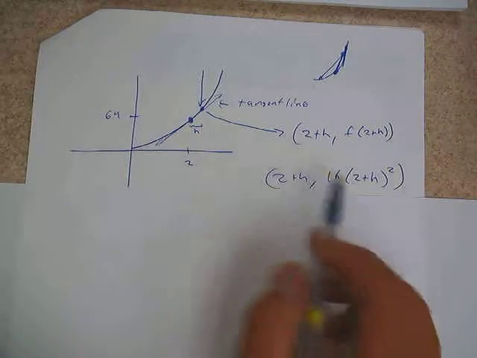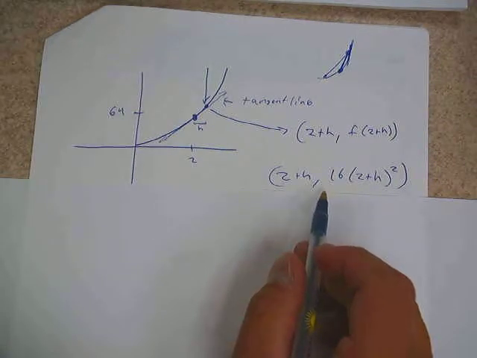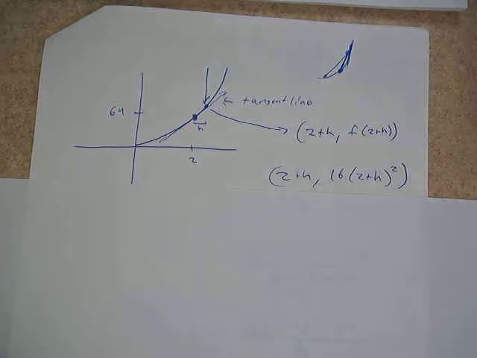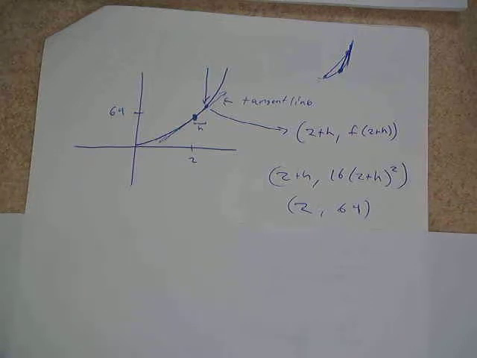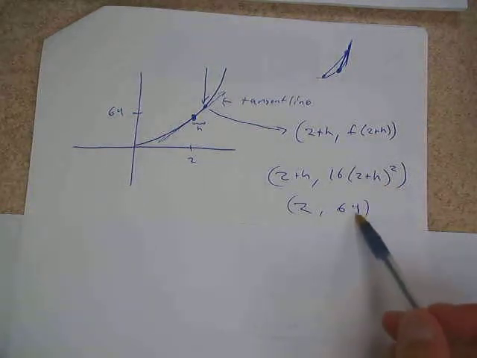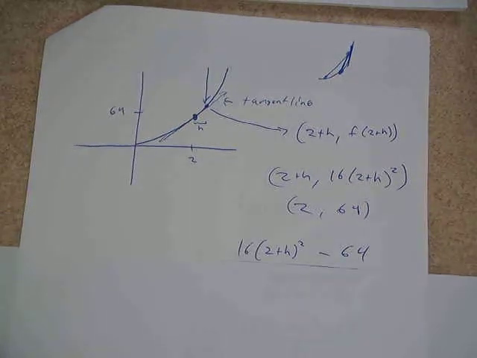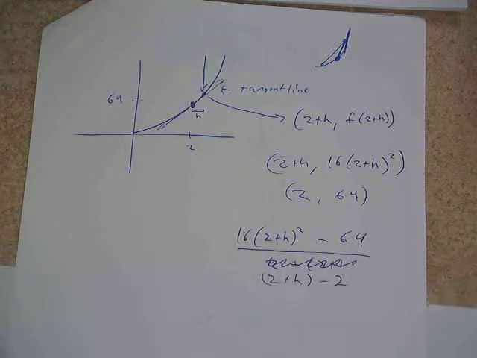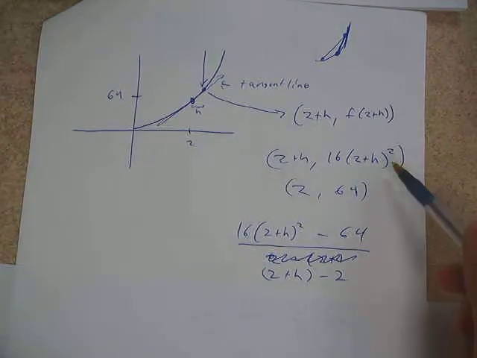So at this point, we have 2 points. And remember, what do we need to calculate the slope between 2 points? We need the 2 points. We got 1, we got (2, 64) here, and then we have 1 that we have an expression for. So it's not as nice as (2, 64) because it has a variable in it, but it's still an expression for a point that's arbitrarily close to (2, 64). Now, if those are our 2 points, and we want to calculate the slope between them, we're going to use our slope formula.